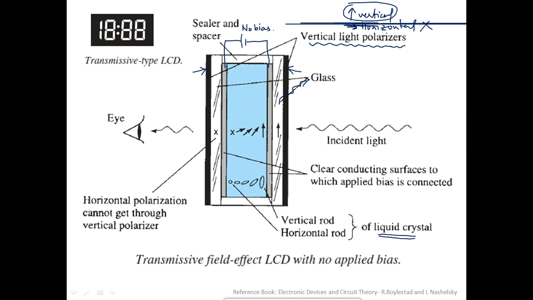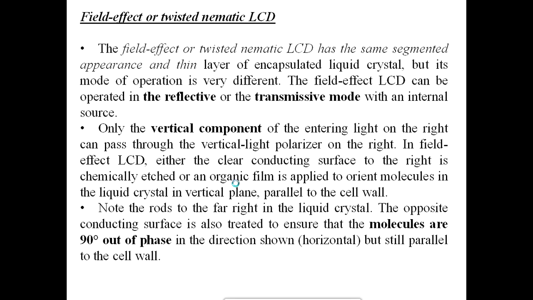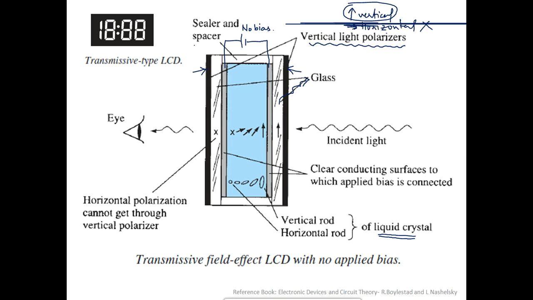But there is a small change here, and that small change is that the nematic LCD is twisted during the manufacturing stage itself. Twisted in the sense, what does that mean? By applying some external force or field, it is ensured that these rod-like molecules are not aligned; they are misaligned.